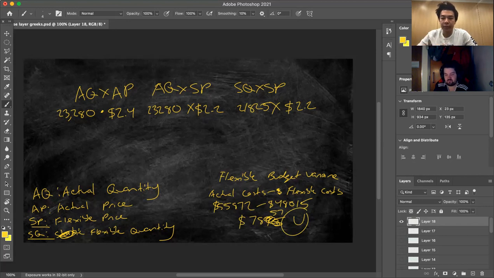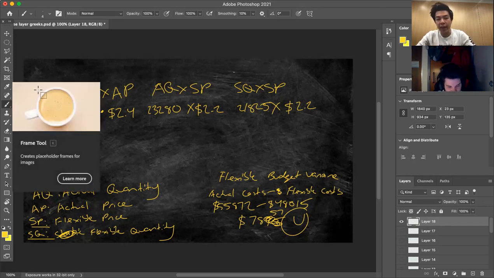Okay. So we look at this, and now we found the variance, right? But we don't know why this variance is occurring. Is it because we're using too much material or costs are too much? So what we do is we break it down using these right here.